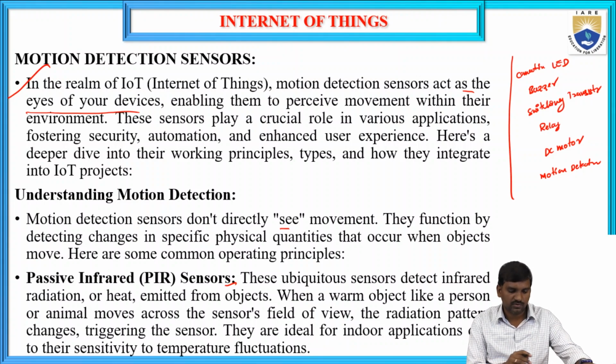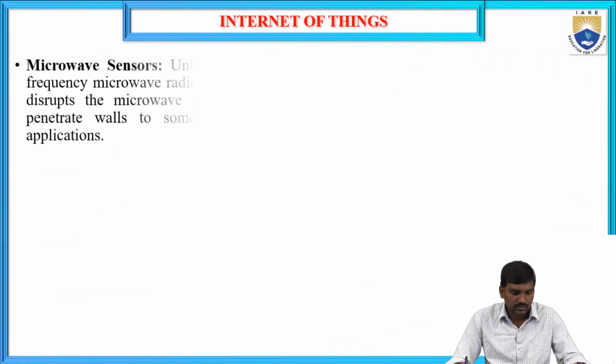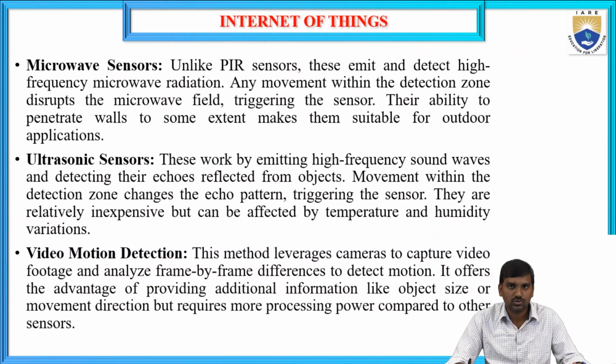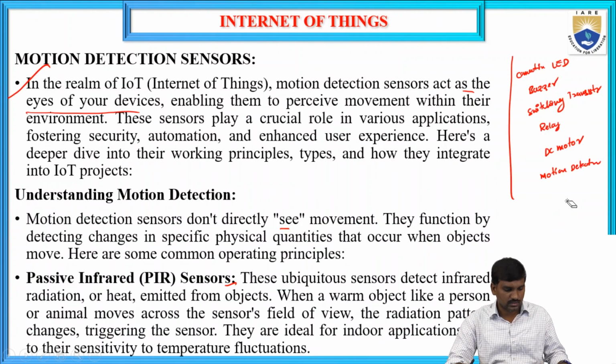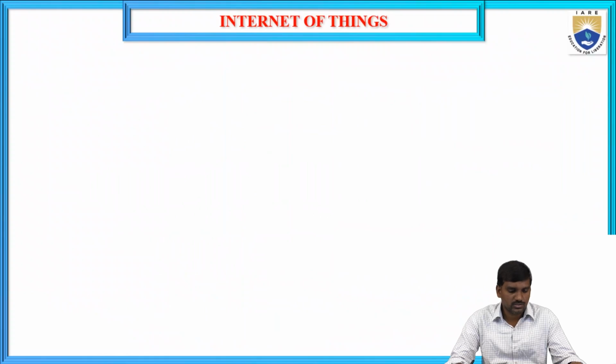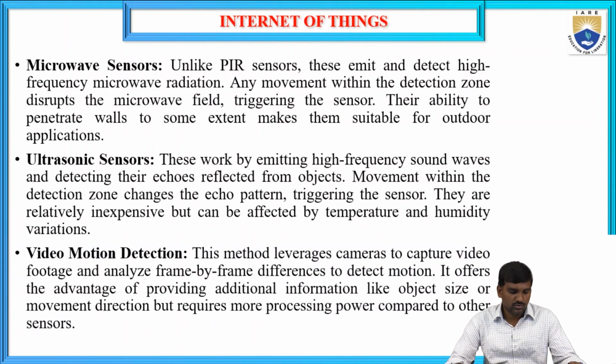So that is the first sensor, the infrared sensor, PIR sensor, and then microwave sensors, ultrasonic sensors, and video motion detector sensors under understanding of motion detection. So here, one of the sensors, the passive infrared sensor, is important. The next, second one: microwave sensors, ultrasonic sensors, and video motion detector sensors are also available.